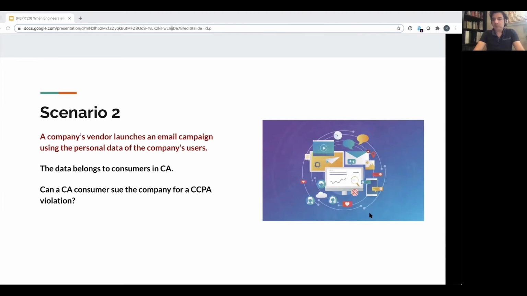To answer that question, we need to understand the concept of data sharing under CCPA, and in particular, what it defines as sale of personal information. Data that is shared with the vendor is considered sale if it's used for any purpose other than providing the services. And for all data considered as sale, consumers will have a right to opt out, which you must honor.